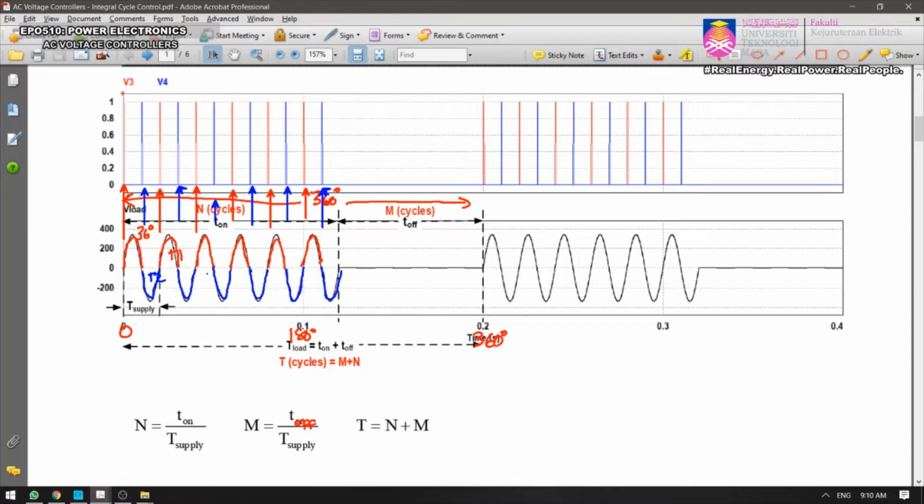Therefore you have 0, then you have 36 degrees there, and then plus 36 you have 72, there, 108 here, 144 here, and finally you have 180 degrees. You trigger thyristor 1 at these angles, and for thyristor 2 you will be triggering at 18 degrees, and then plus 36, 54.